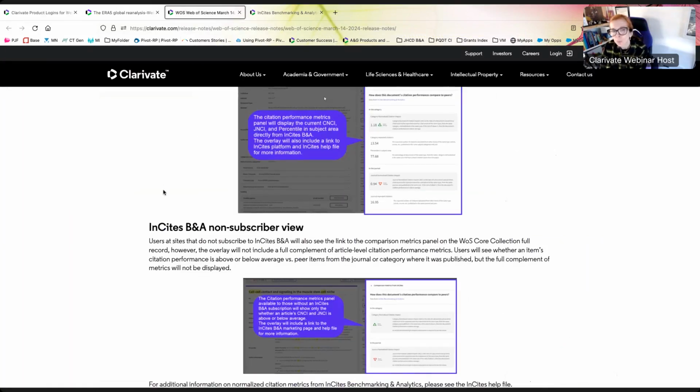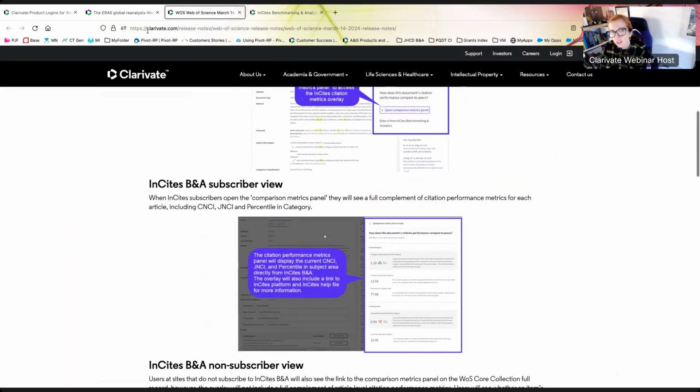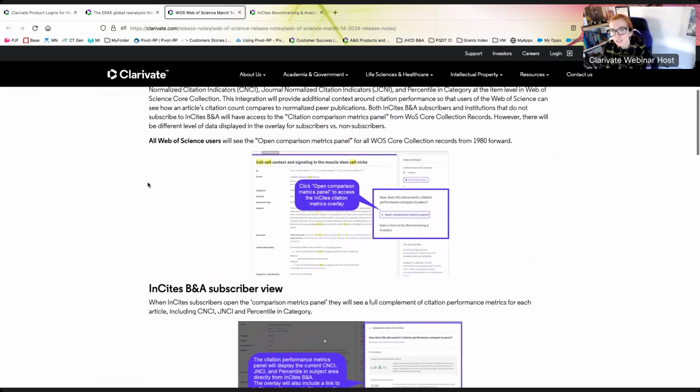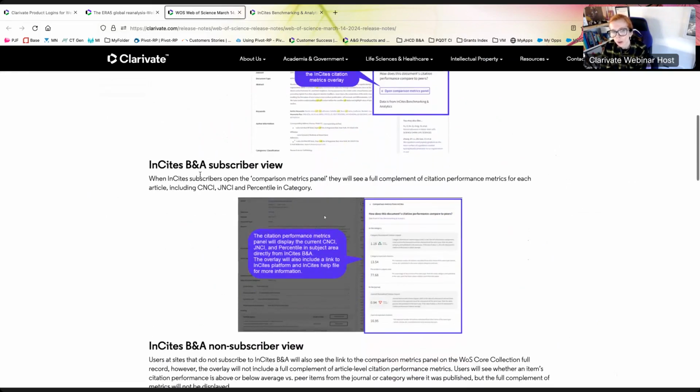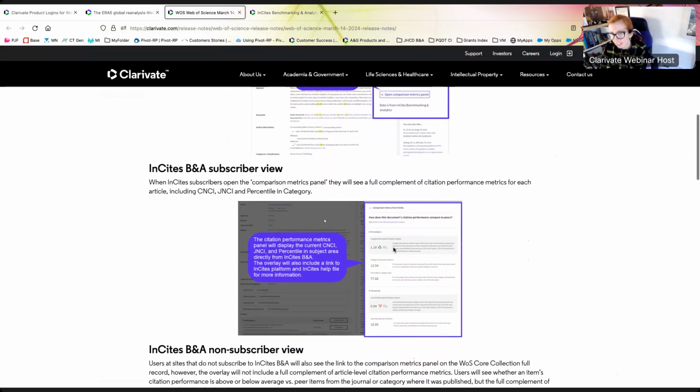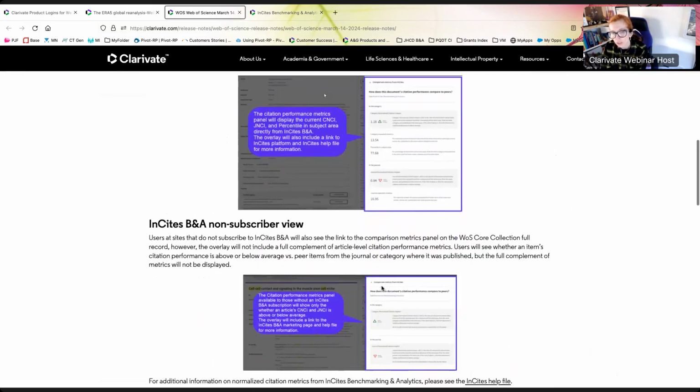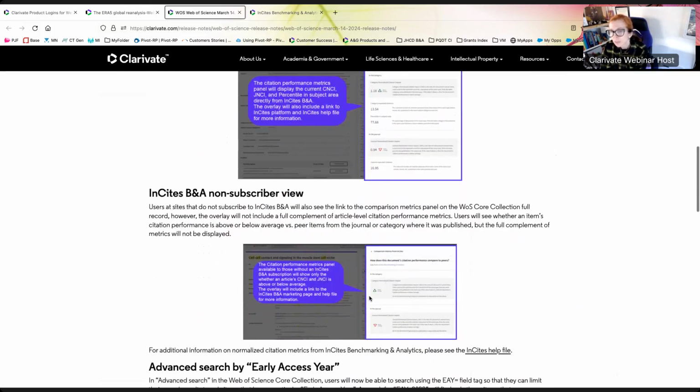And I had quickly opened this on the release notes. So this is the view that I just showed you if you are an Insights, Benchmarking and Analytics subscriber. And if you don't have it, you basically don't see the numbers, but you see the indication if the value for all three, percentile, CNCI and journal normalized citation impact, is above or under average.